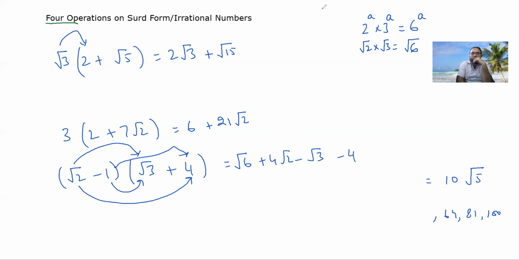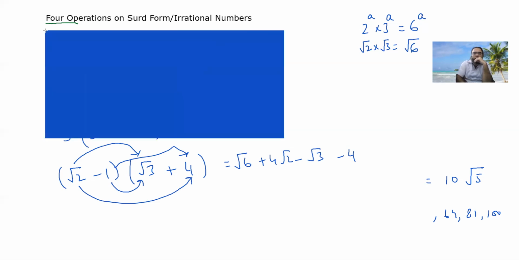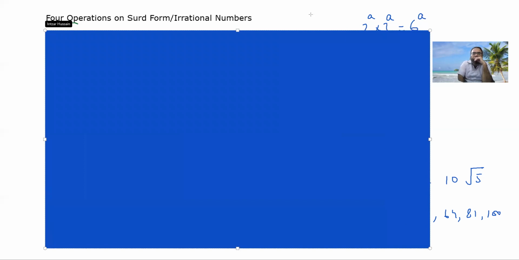If we go into the harder multiplications, like when you might have the whole squares, suppose you have (2√3 plus 5√2) times (3√3 minus 2√5). So you have to multiply this very carefully.